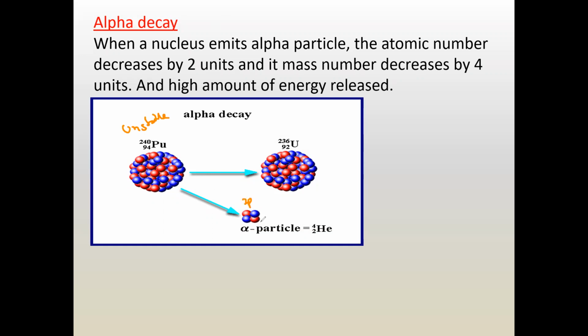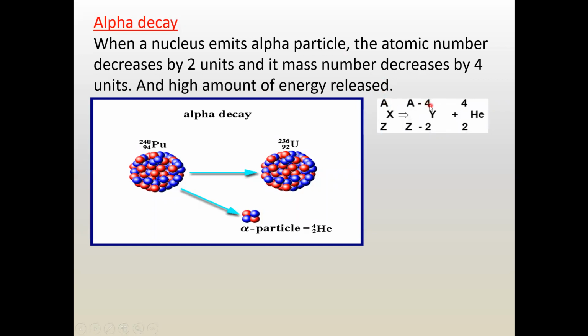When two protons and two neutrons come out from the nucleus, that emission is known as alpha. Alpha can be denoted by a helium nucleus, or the symbol for helium, which is He. So whenever an element is emitting alpha, what we observe is this general equation for alpha decay.